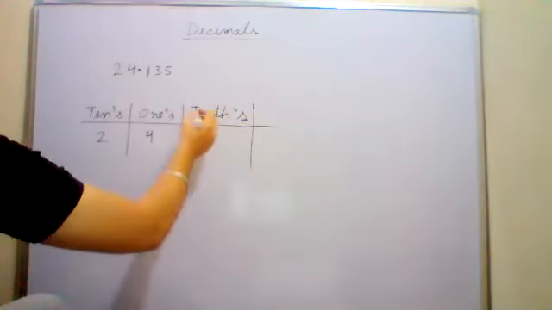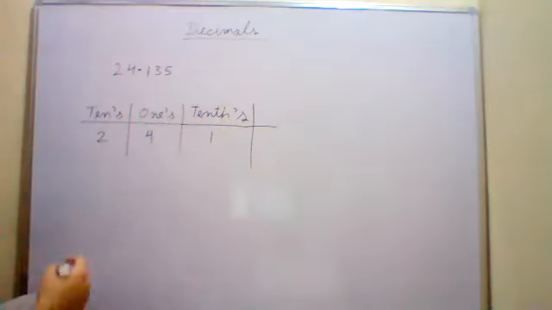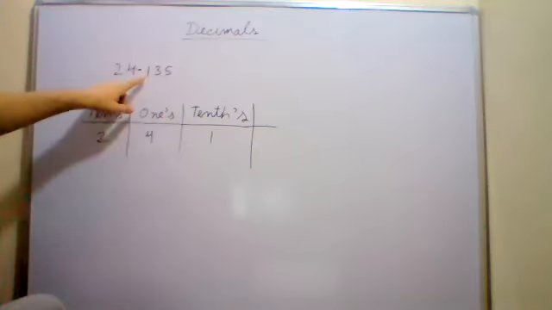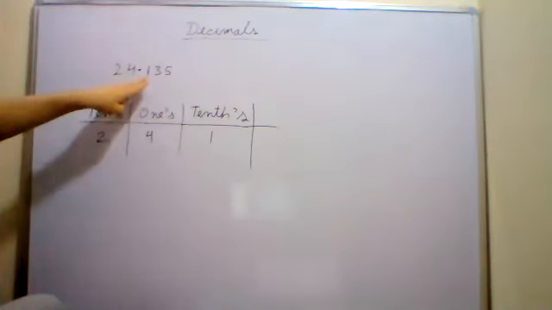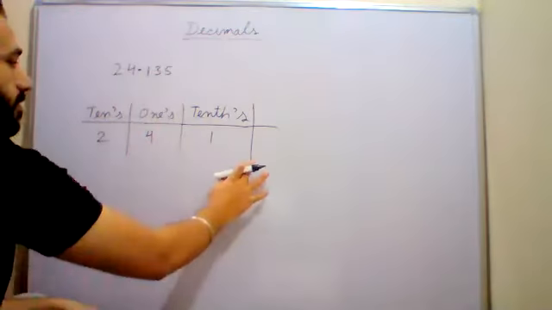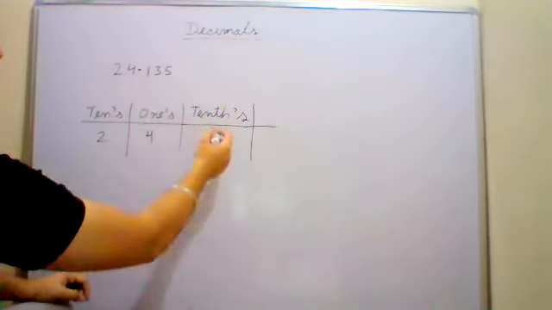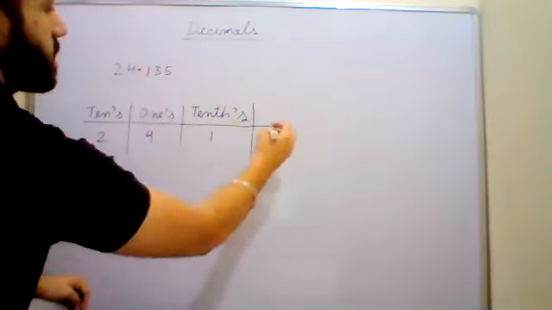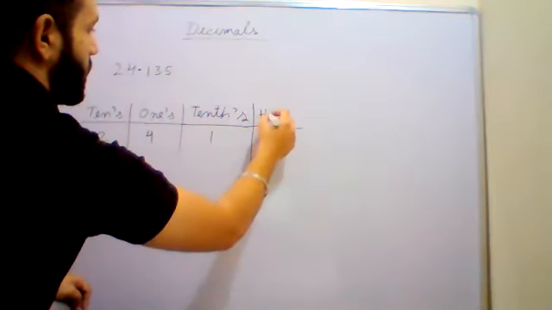My question is, which digit is the first digit after decimal? Look at the number. 1 is the first digit, and it is known as the digit at the tenth place. Then the next digit is known as the digit at the hundredth place.